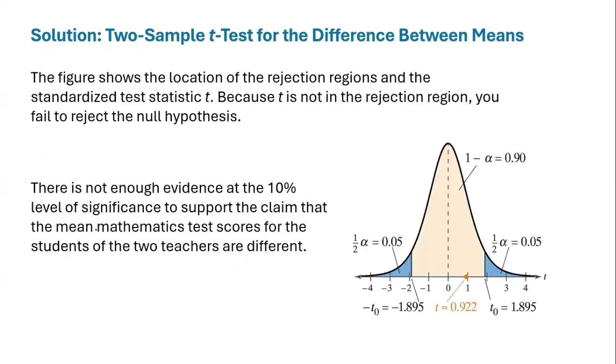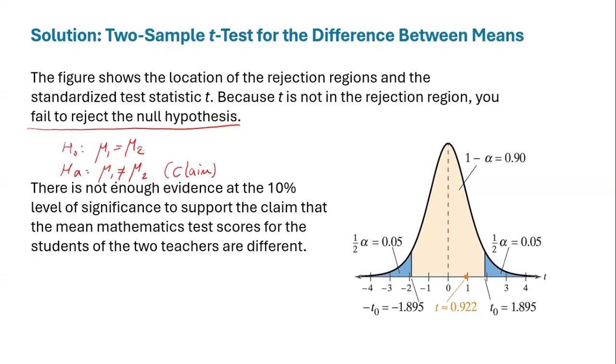Okay? And when you fail to reject the null, so if you remember the null and alternative hypotheses, I put them here again. If you fail to reject the null, that means you reject the alternative.